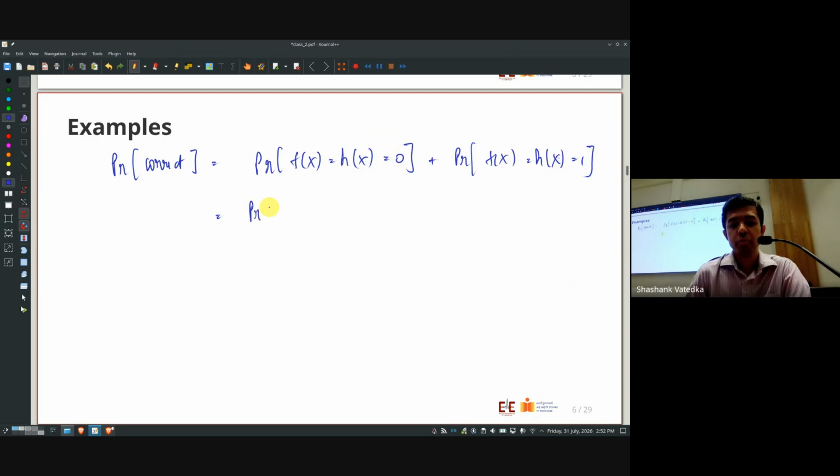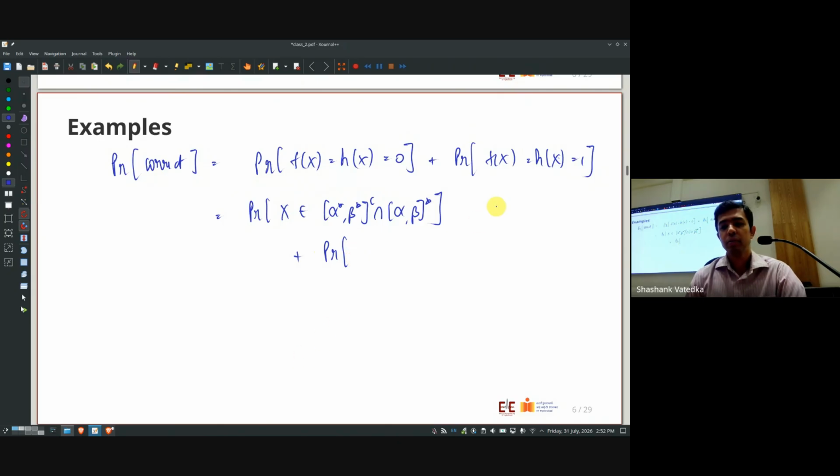So this is the probability that x lies in the intersection between alpha star beta star complement and alpha beta complement, plus, when is f of x equal to 1?